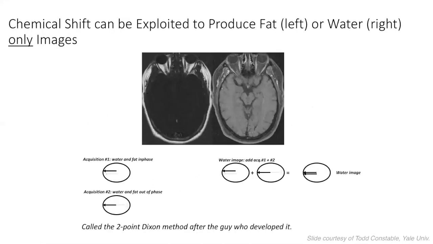This is typically exploited to help produce fat-only and water-only images. Anybody that's run any kind of Dixon scan can set it on the scanner to provide you with the fat images on the left and the water images on the right.